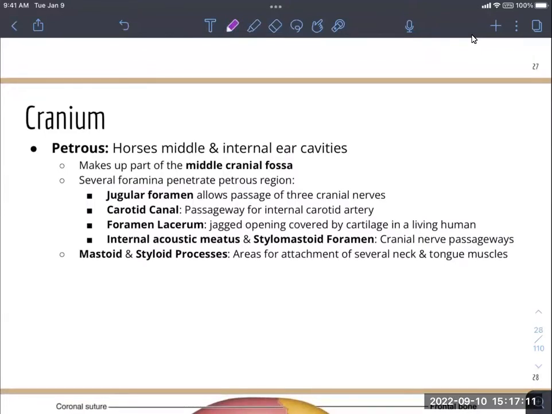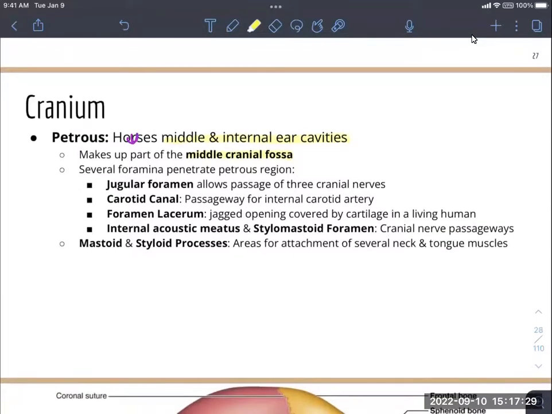We have a petrous, which houses the middle and internal ear cavities. It's part of the middle cranial fossa. We have our jugular foramen, where 3 cranial nerves exit the skull. Carotid canal for that internal carotid artery.